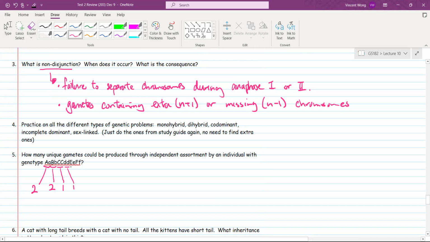If they're the same uppercase or lowercase, then it's only 1 choice, right? Big E, small e, 2 choices, and you multiply all of them together. Okay, so 16 in this case. 16 combinations.